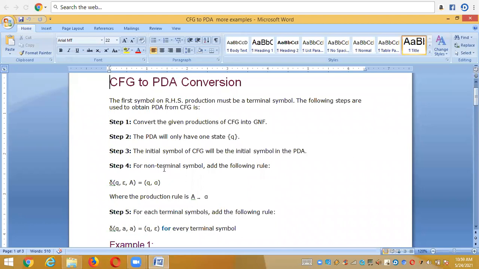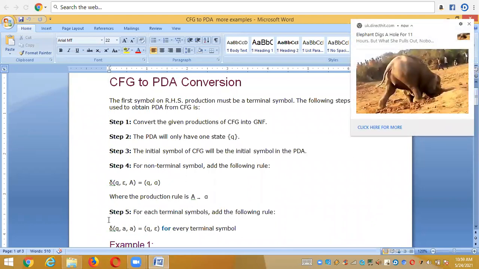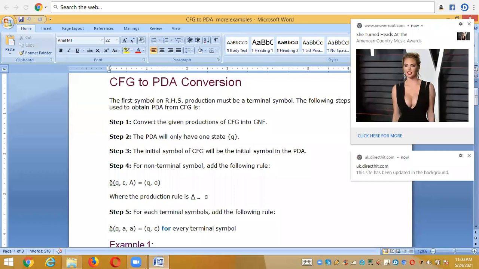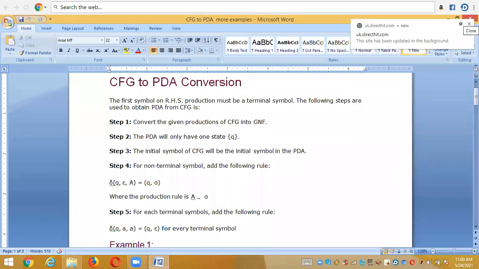Step 4, for non-terminal symbols, add the following rules. These are the rules. And step 5, for terminal symbols, add the following rules. These are the two rules that I already explained to you in the earlier slides, just recalling all those step by step.